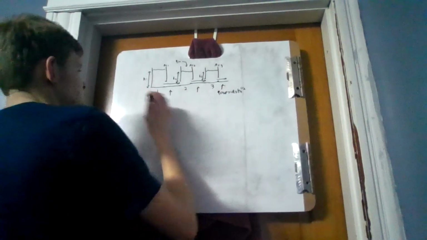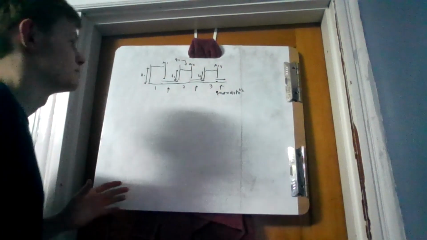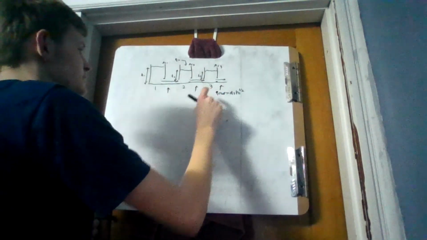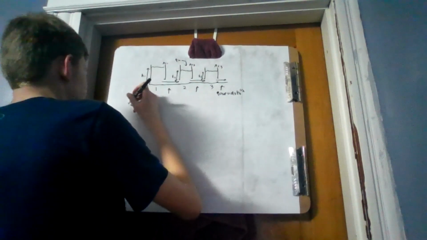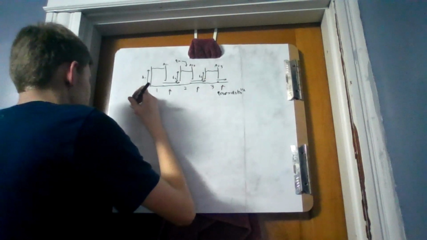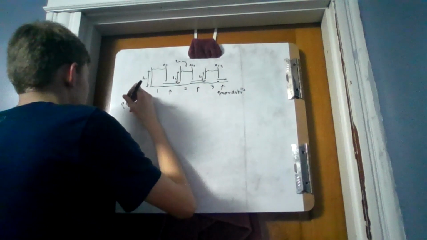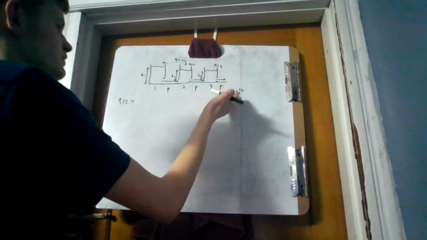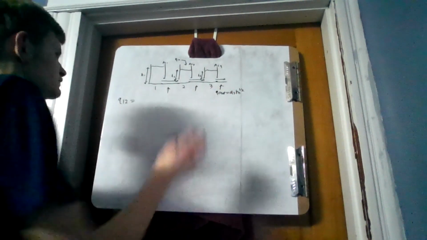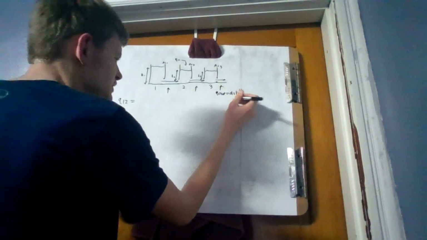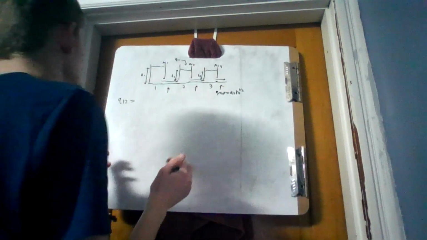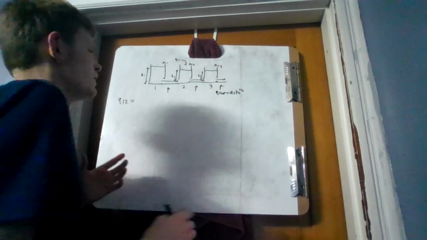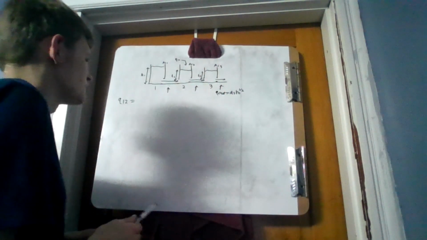Then we can set up the rest of our equations and find a relationship between how our flow goes from 1 to 2 and then 2 to 3. So we have a representation of our first flow, which is going to be our flow from 1 to 2. We have an alpha proportion, which is just a proportion between the heights of our tanks.